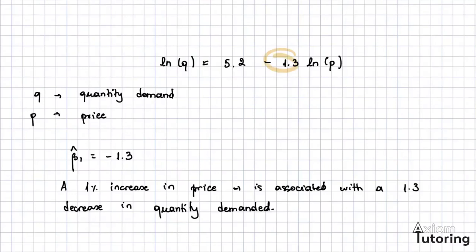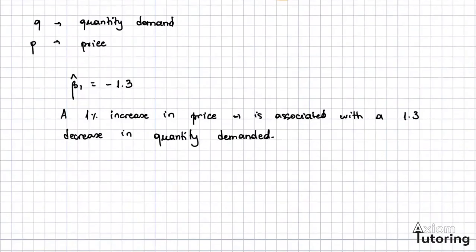So now let's apply the rule like a 10% change. The percentage change in quantity is going to be approximately equal to minus 1.3 times the percentage change in price.